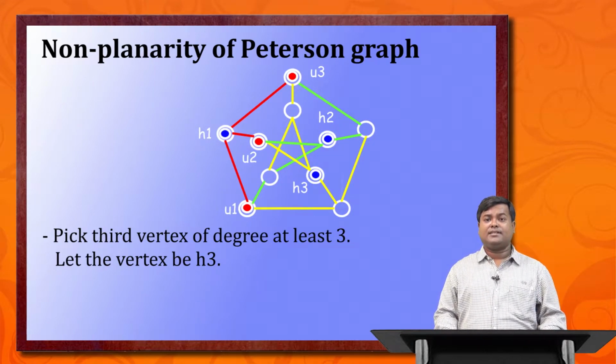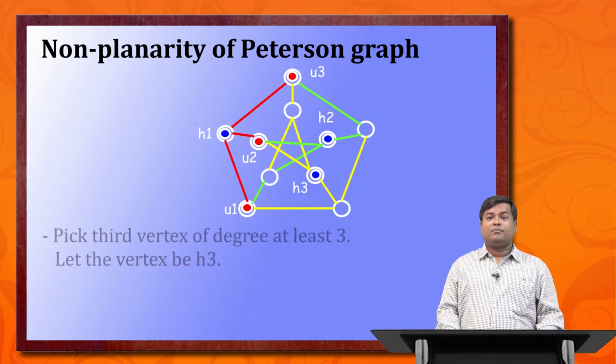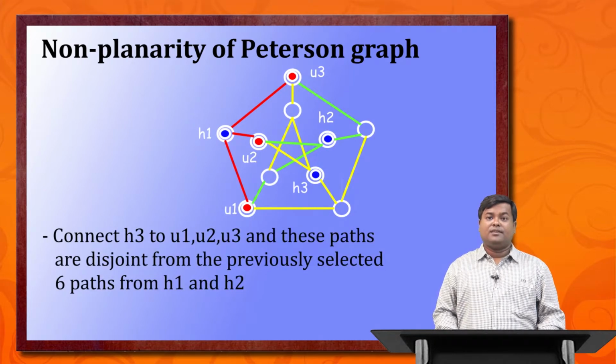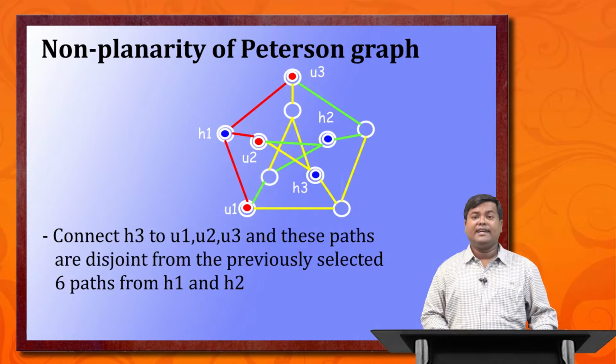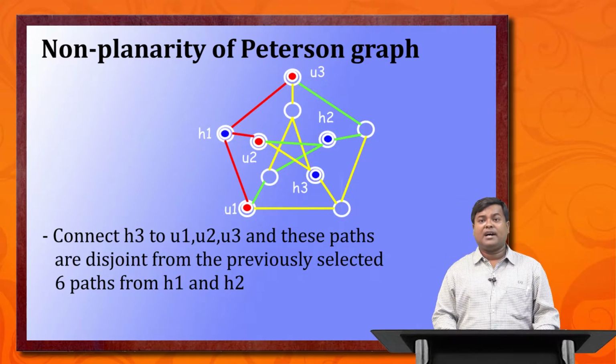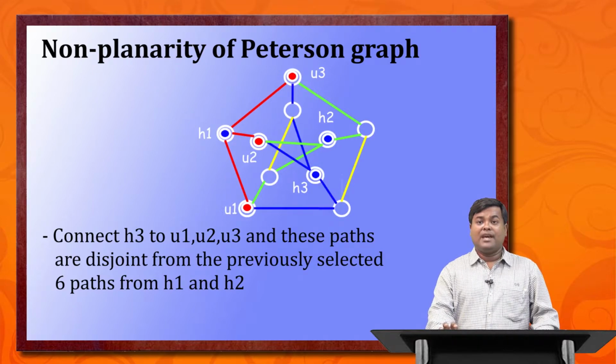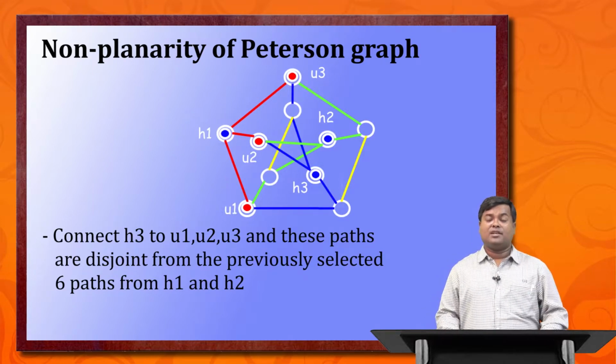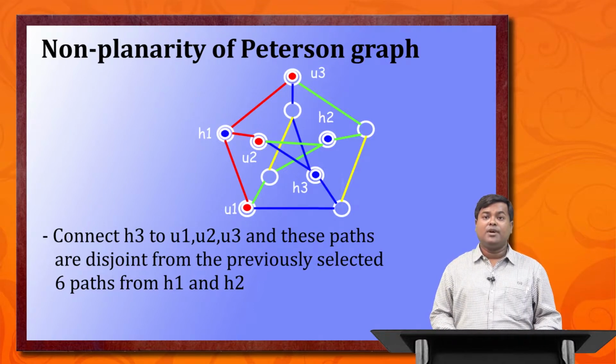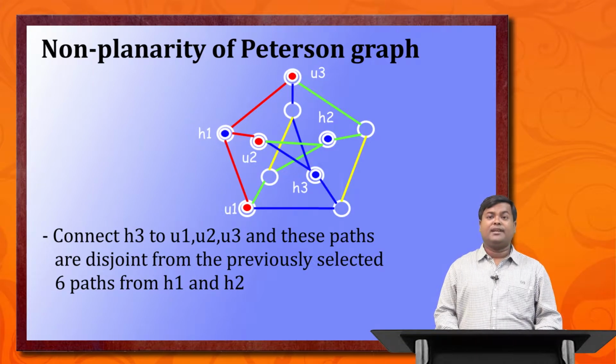Now we need to find the paths from H3 to U1, U2 and U3, and while finding these paths, we need to remember they should be different from the previous 6 paths which we have already selected. So we have found the paths from H3 to U1, U2 and U3, and I have colored them in blue to identify them separately.